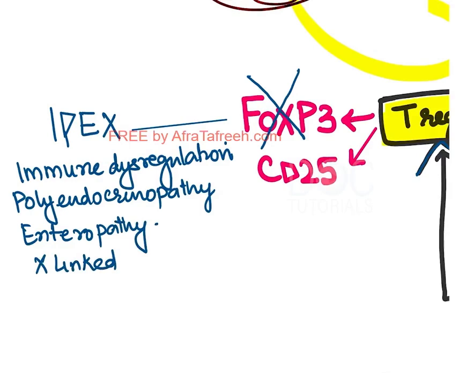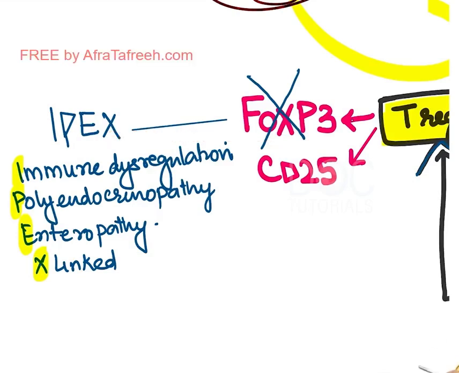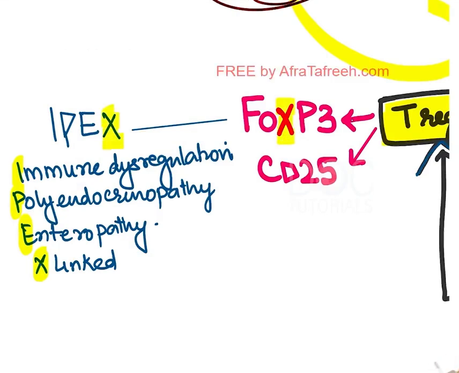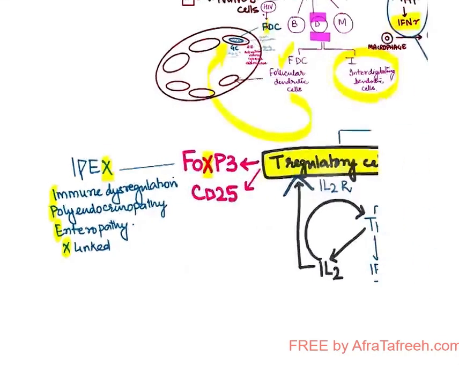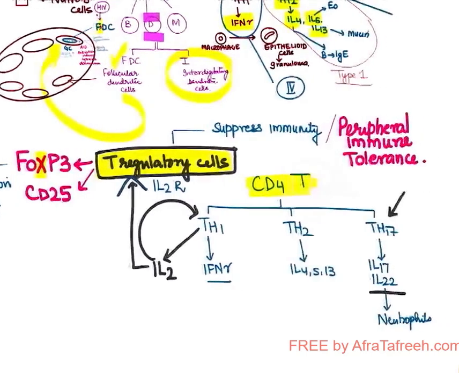So see, IPEX: immune dysregulation, polyendocrinopathy, enteropathy and X-linked disease. So how do you remember it? Remember that they are brothers, okay, X for X, Fox has IPEX. So therefore, if FOXP3 is deficient, it causes a disease called IPEX, that is immune dysregulation, polyendocrinopathy, enteropathy, and it's an X-linked disease. Are we clear with this? Is everybody clear with this?